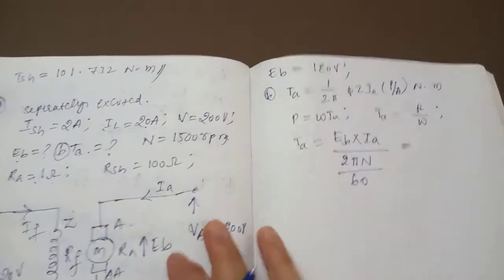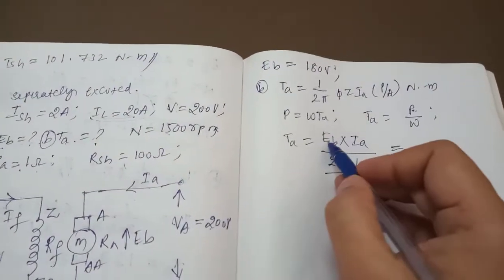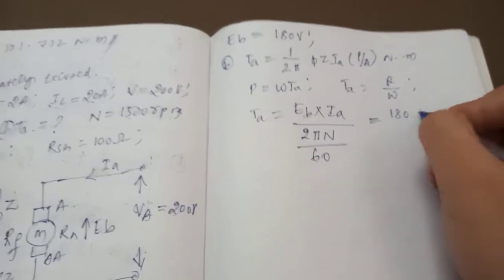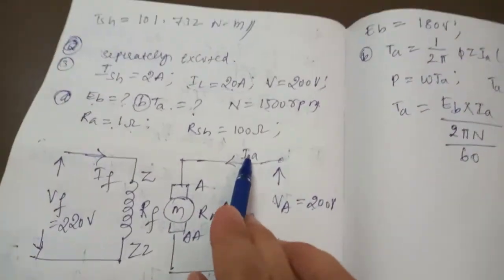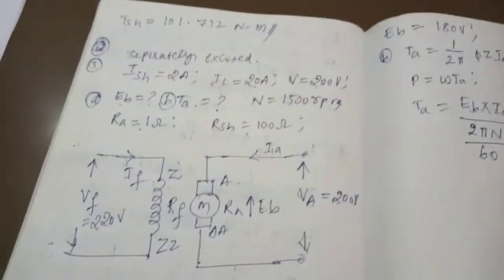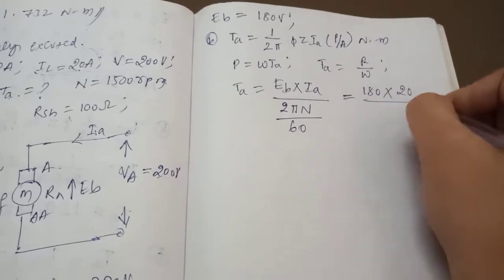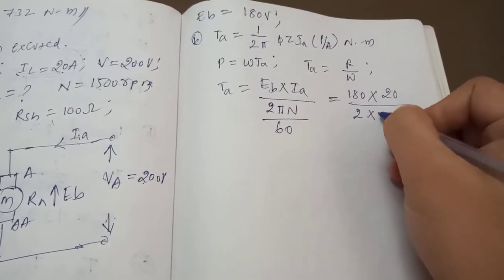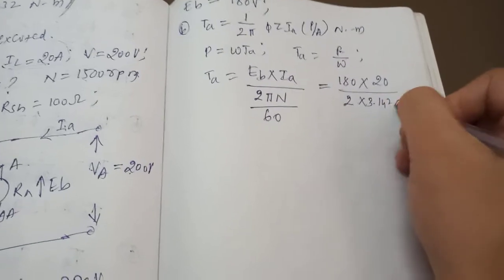So what is the back EMF? The back EMF we have calculated is 180, into the armature current of 20 amps, divided by 2 into 3.142 into n.